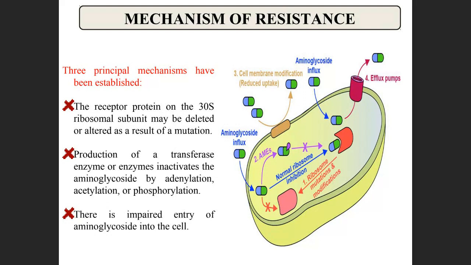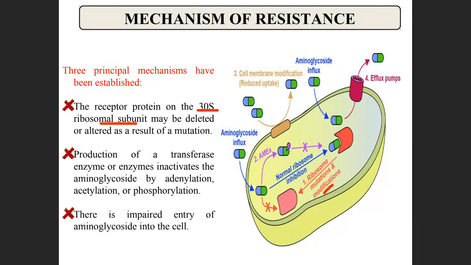The first one is, it is trying to modify the target site. So it is trying to modify the 30S ribosomal subunit so that the aminoglycoside does not go and bind to it. So first it is causing modification and mutation of the target site.